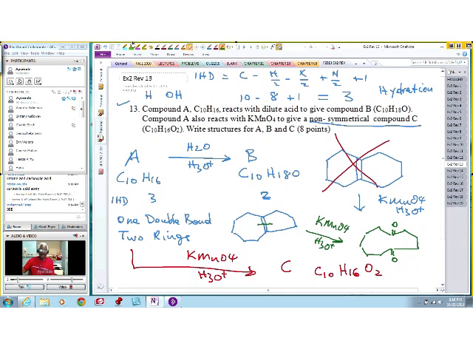And this is compound C. Okay? So this question does require that you think.